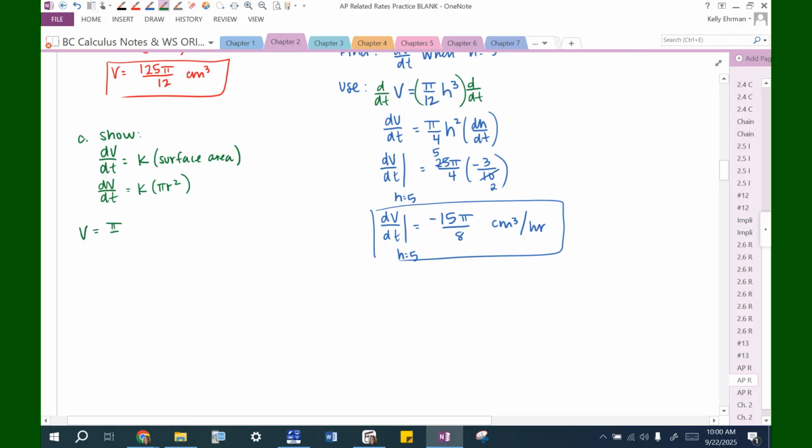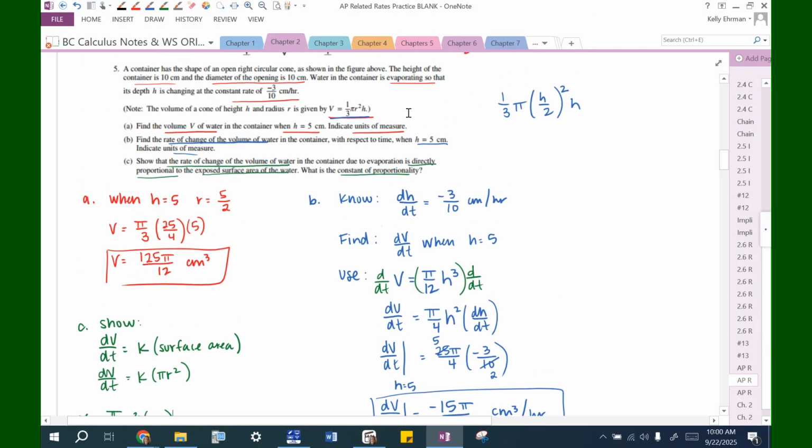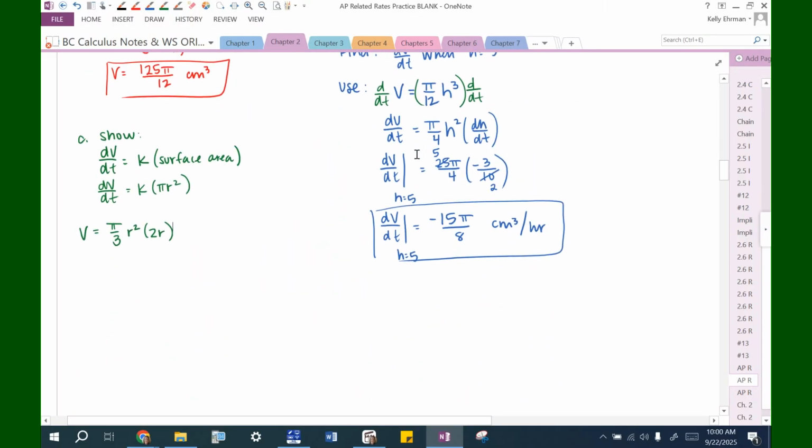Volume is pi over 3, and I want to leave R squared in here, so 1/3 pi r squared, and then instead of H, 2R. Remember, we said that back in the beginning. So let's clean this up a little bit. V is equal to 2 pi over 3 times R to the third.